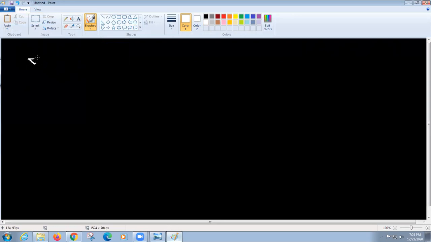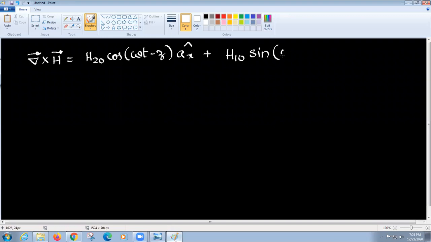Anyways, so a moment ago we found curl of H to be H20 cos(ωt − z) ax roof plus H10 sin(ωt − z).